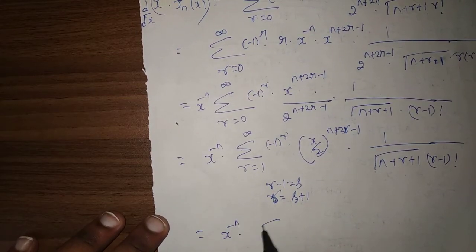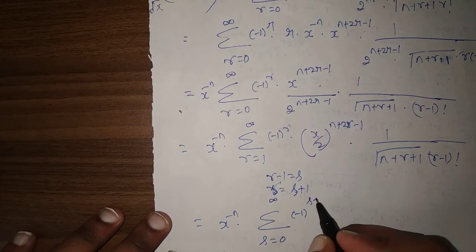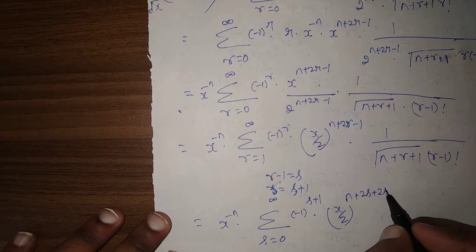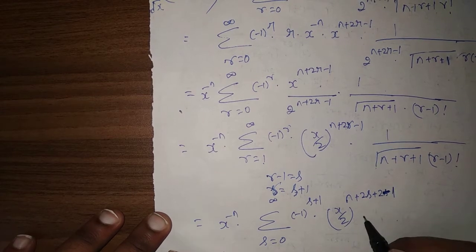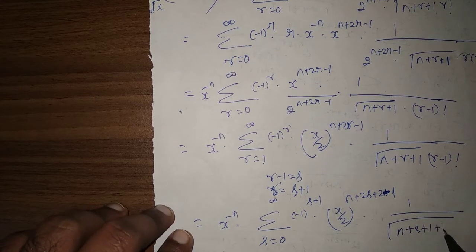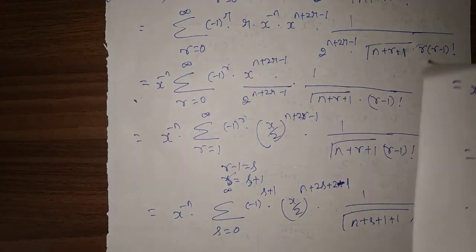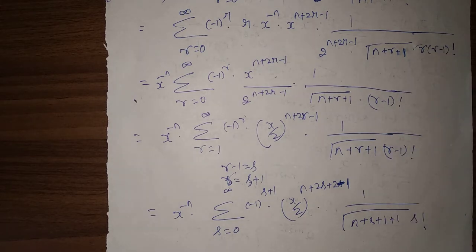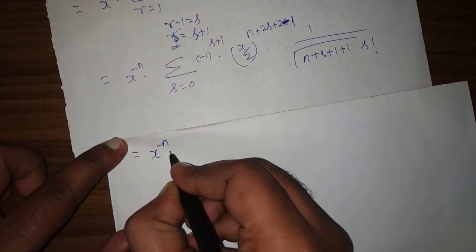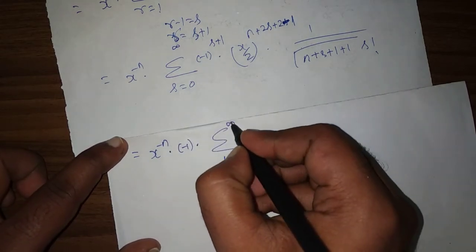So x to the power of minus n, summation s varies from 0 to infinity, minus 1 to the power of s plus 1, x by 2 to the power of n plus 2s plus 2 minus 1, 1 divided by gamma of n plus s plus 1 into s factorial. So this is nothing but x to the power of minus n into minus 1, s varies from 0 to infinity.